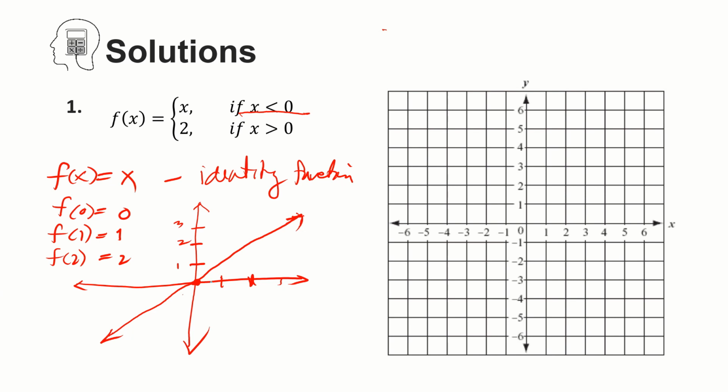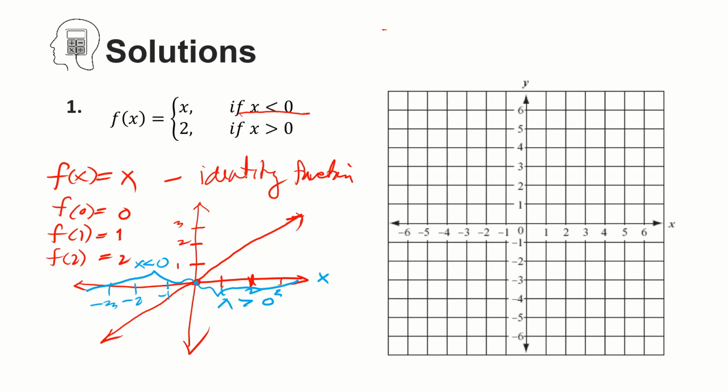So where is 0 located? 0 is located here at the point of origin. From this point to this point, we know that our x is greater than 0. But from this point, moving towards this point, our x here is less than 0 because the values here are negative 1, negative 2, negative 3, and so on. While here we have 1, 2, 3, and so on.